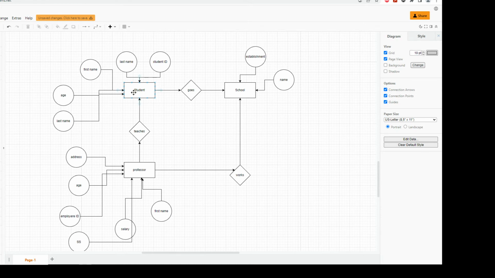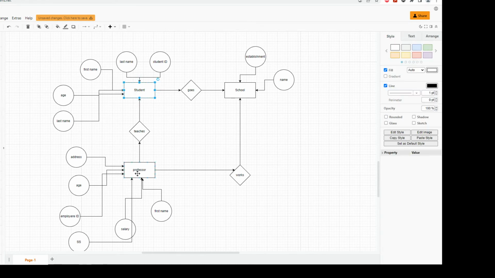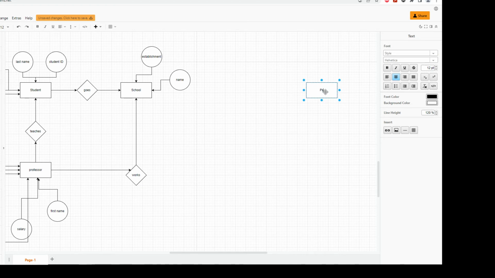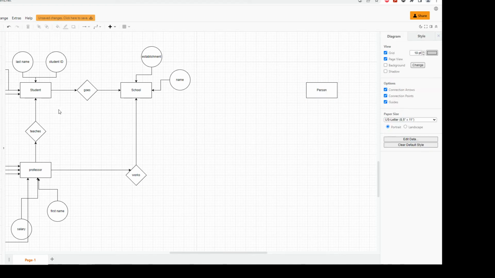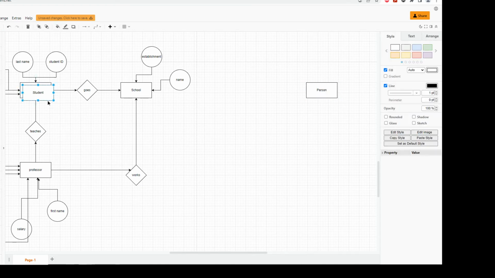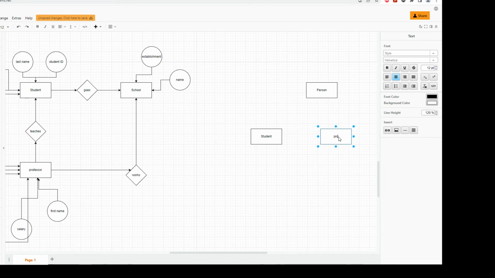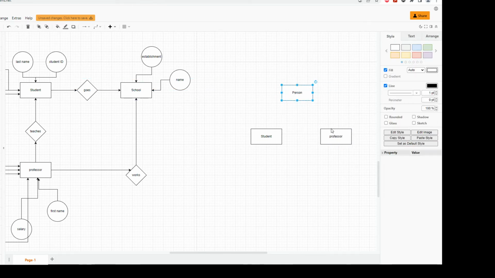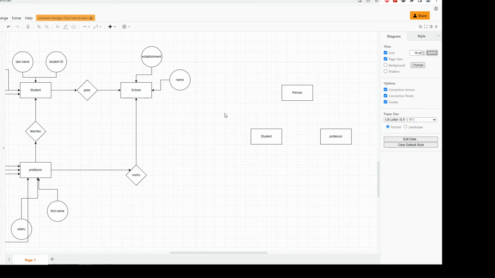So we can group those two together for sure. And we can have something like a person. A person can be a student. A person can also be a professor. A professor can be a person. A student can be a person.